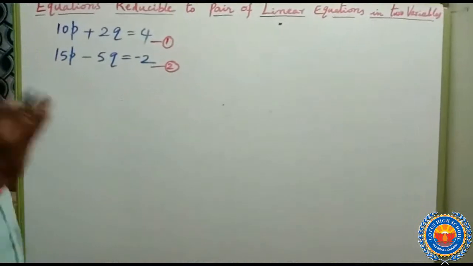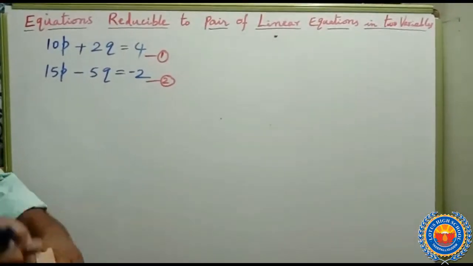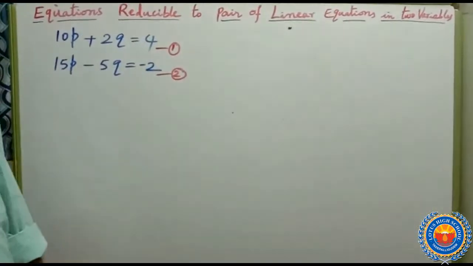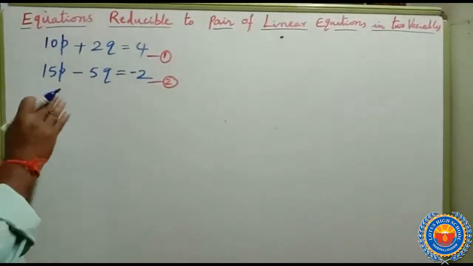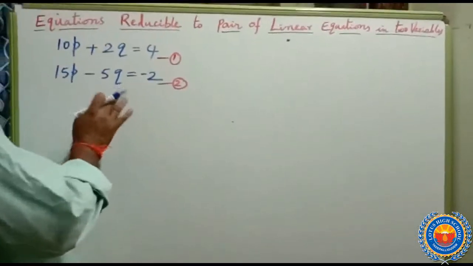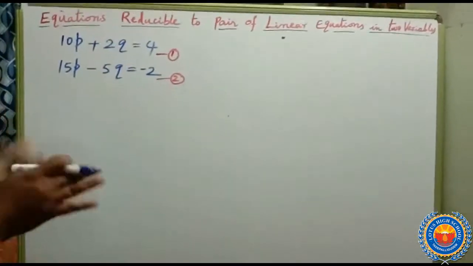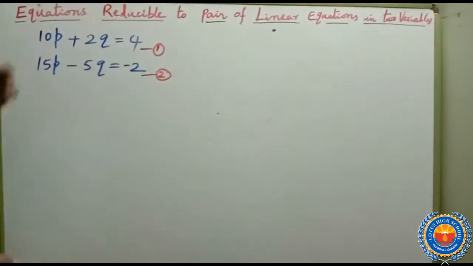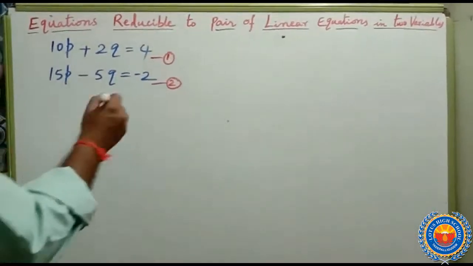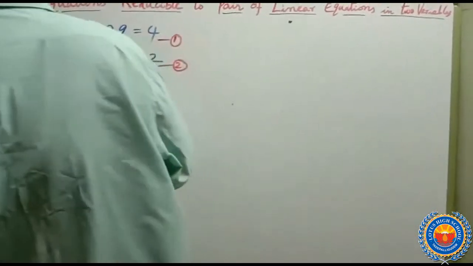We got a pair of linear equations in two variables. So we have to solve by using elimination method. If you want, you can go for substitution method. Elimination method, how to eliminate? First, I thought of eliminating q. Your wish, if you want to eliminate p. So for the purpose, what I am doing?